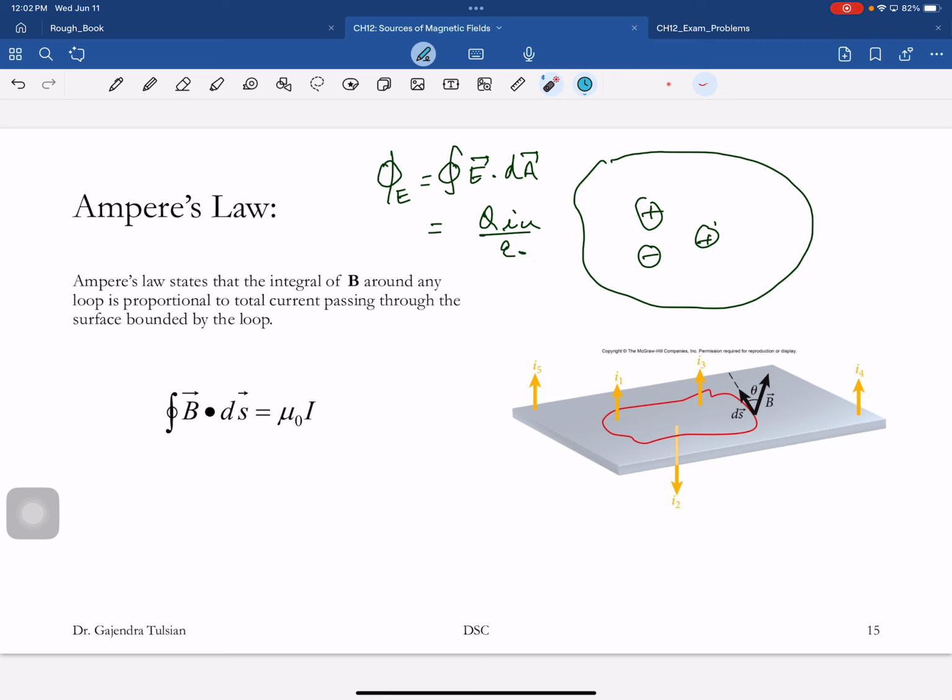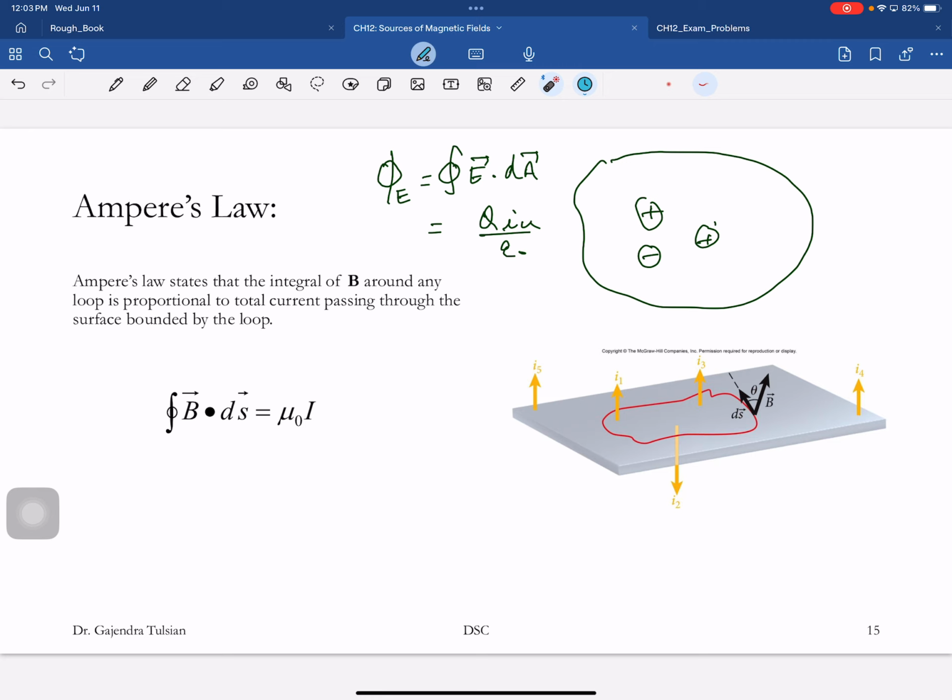Now what you do is you draw any curve and do this line integral. Let's say the magnetic field here is at that point, and there's this small element along the curve. Take this line integral around that loop. The value of that line integral is equal to mu naught times the total current inside the loop.